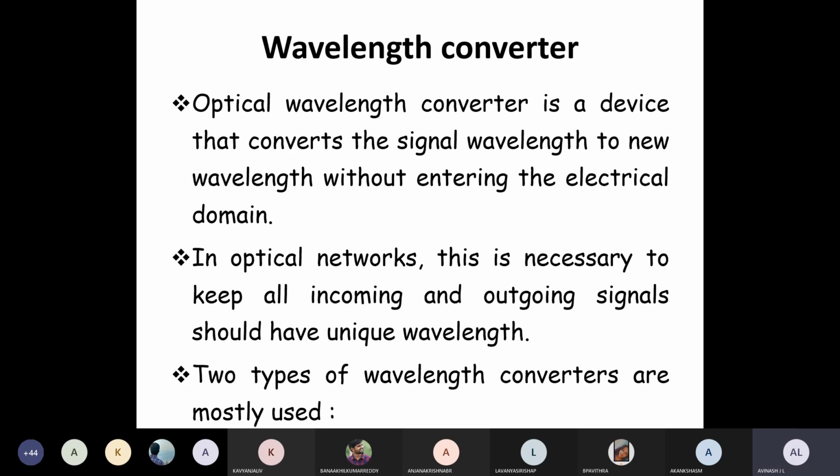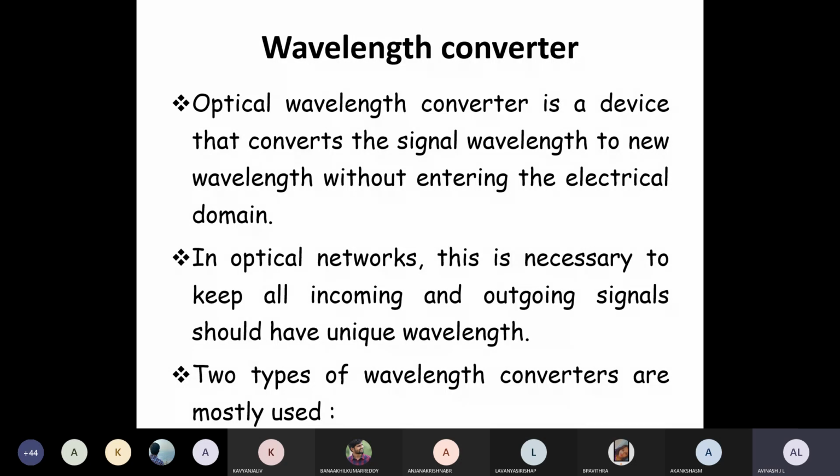See, please take this particular thing. In optical network, it is necessary that all incoming and outgoing signals should have a unique wavelength. Two types of wavelength converters are mostly used.